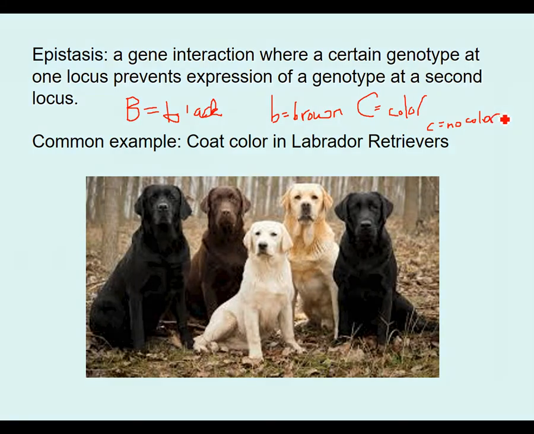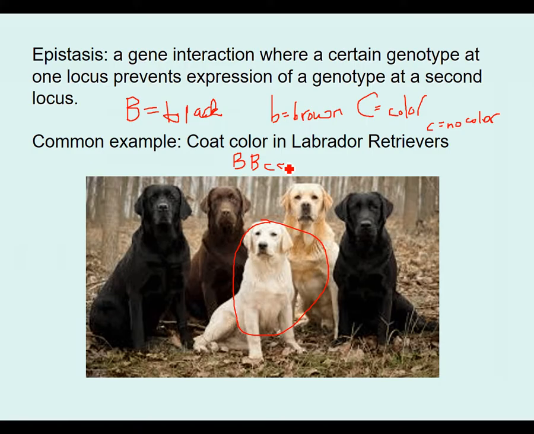Sorry, handwriting with the mouse is not good. Now, so what you end up with is that a yellow lab could very easily be homozygous for the black allele. I mean, it's possible. But then homozygous for the no color allele. And that would end up with a yellow.